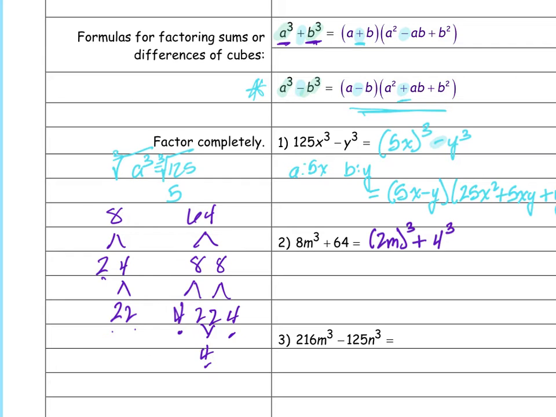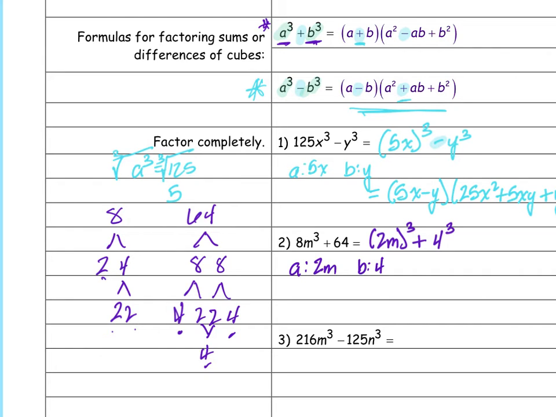Again, I want to identify what A and B are. So A in problem 2 is 2m, and B is 4. Okay. And then I have the plus one this time, so I want to use this one this time.